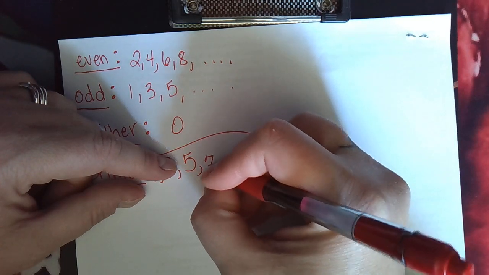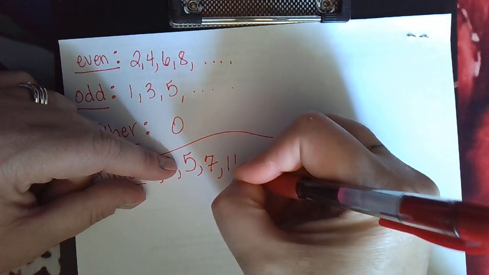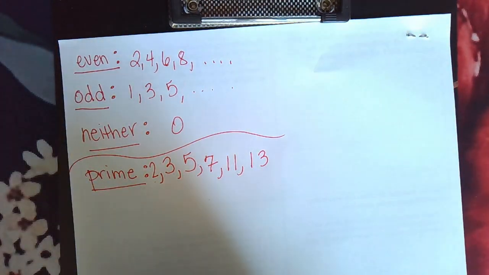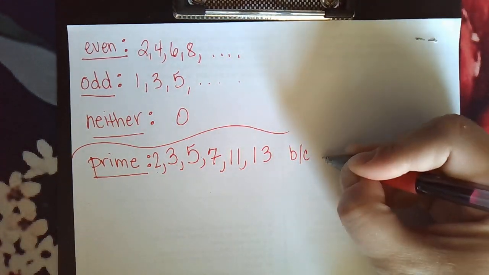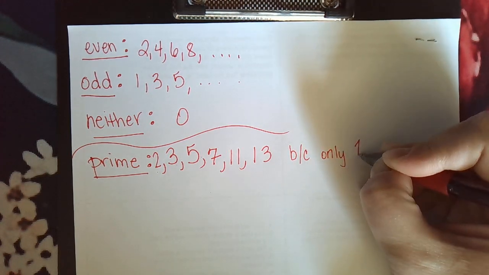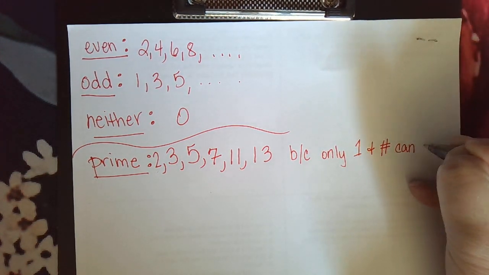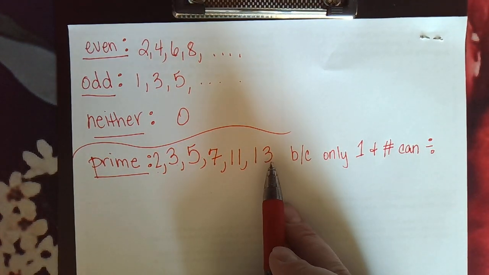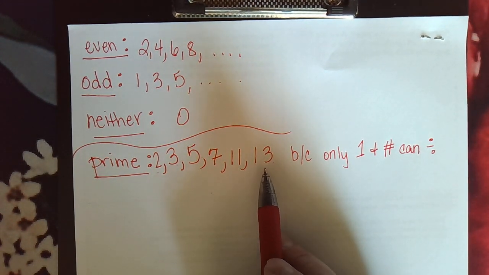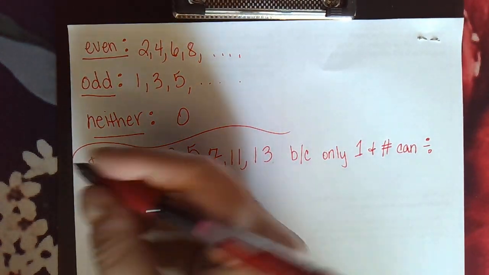Or 7, or maybe 11 or 13. These are prime because only 1 and the number can divide. So 13 is prime because the only thing that can divide into 13 is 1 and 13 itself.